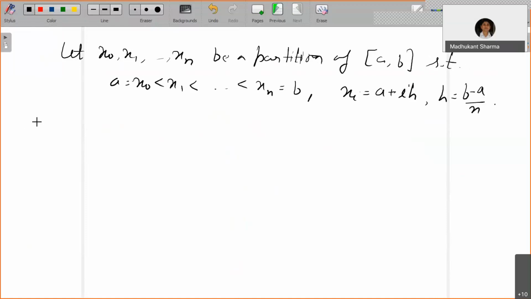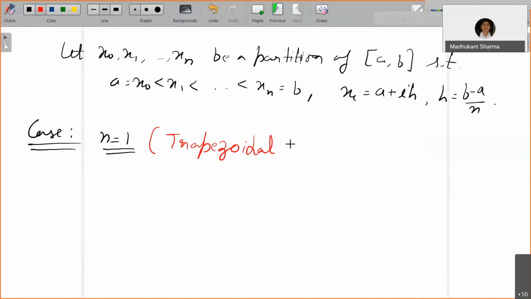Now the case when n is equal to 1, the very simple case, is called the trapezoidal rule, and you will soon realize why it is called the trapezoidal rule. So n equals 1 means x0 equals a and x1 equals b.